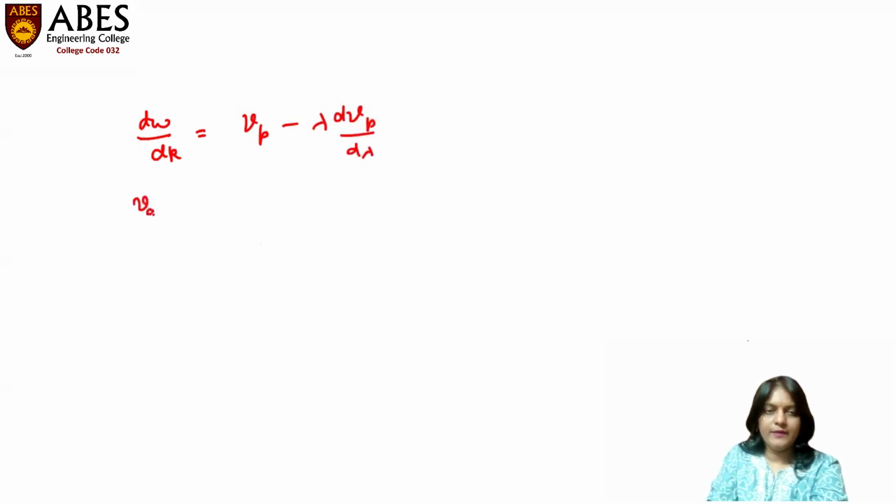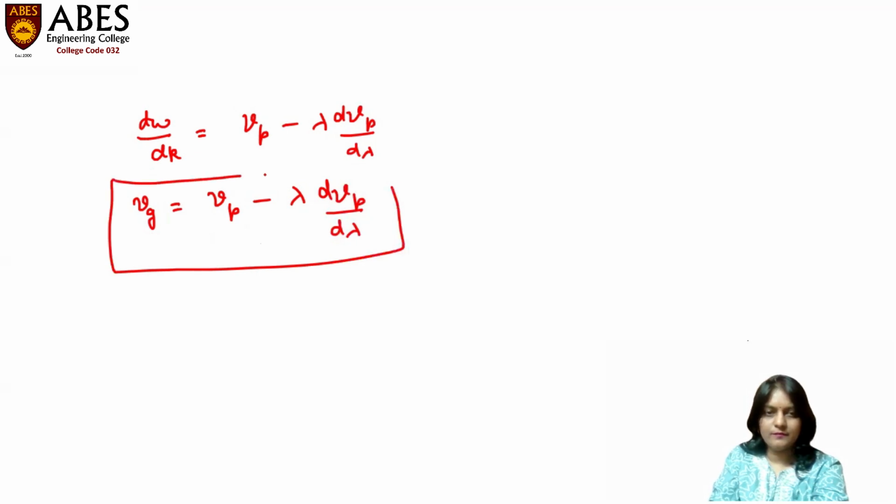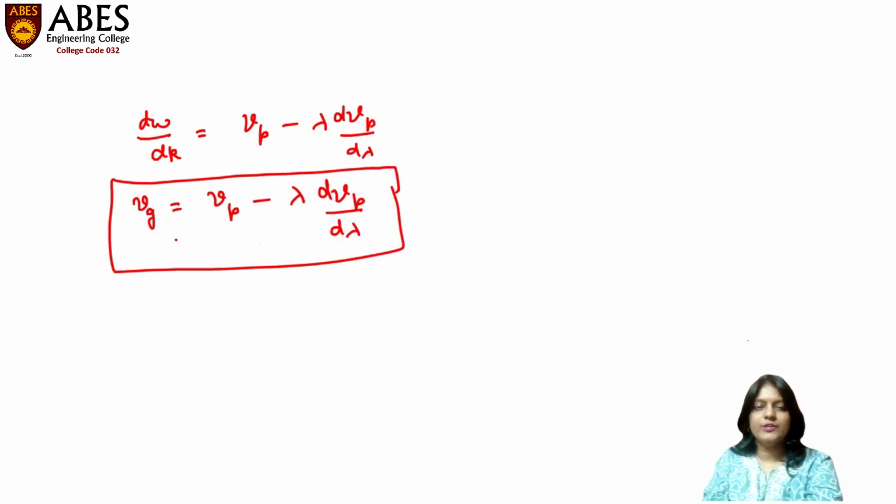And I can write d omega by dk as Vg, so Vg equals Vp minus lambda dVp by d lambda. This is the relation between Vg and Vp for a dispersive medium.